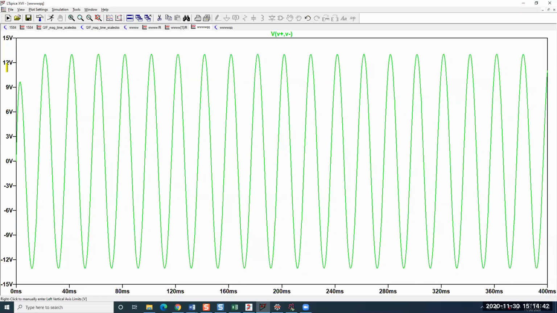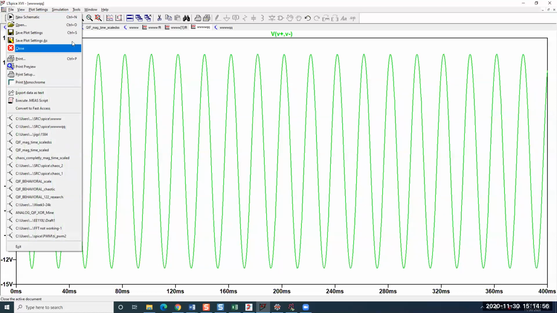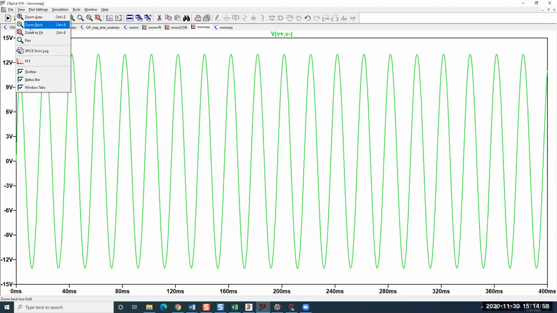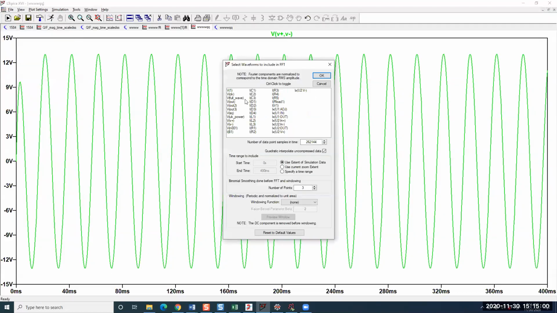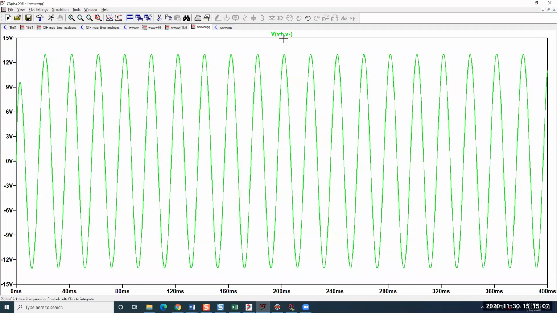So now we can see that instead of going to 110, we got a V peak of 155. We got a V peak of 112. Actually, it won't do derived things, but that's okay.